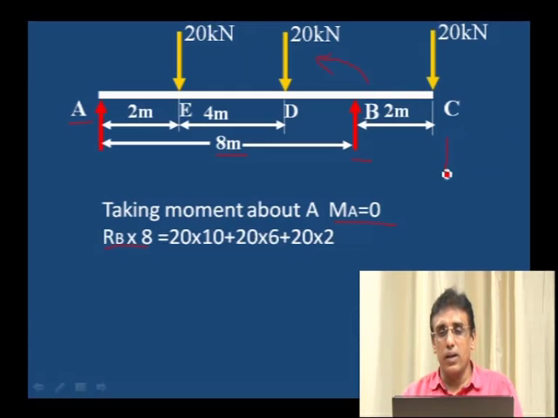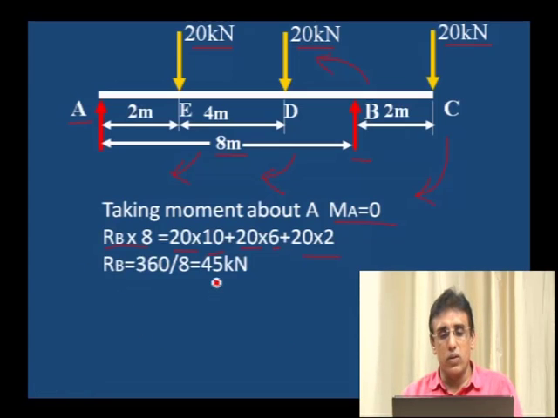All the other loads will have a clockwise moment. All 3 loads of 20 kilonewton will have a clockwise moment. Therefore, first 20 into distance 10, that is 8 plus 2, 10 meter. Next 20 into distance 4 plus 2, 6 meter, and then 20 into distance 2 meter. That is 20 into 10 plus 20 into 6 plus 20 into 2.